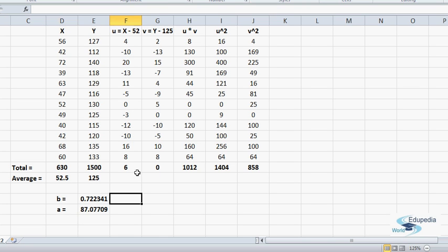Okay, now do we need to find the other regression coefficients? Of course it's not needed, but let's do it just for the sake of practicing the process.